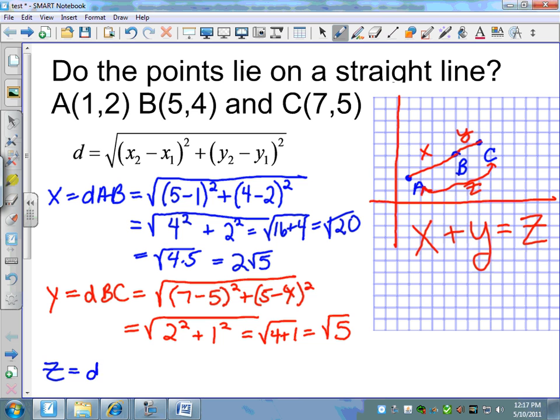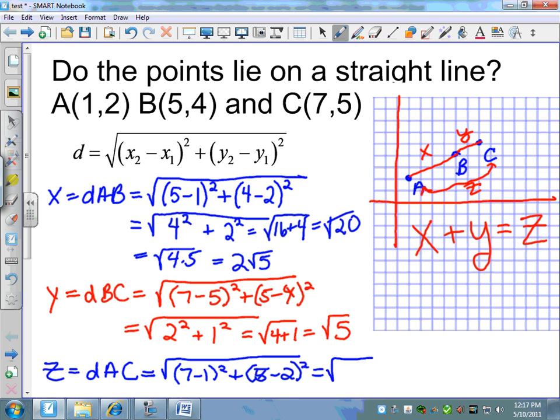So z again is the distance from A all the way to C. That's going to be our longest distance. Applying the distance formula, plugging in first the x values, and then the y values. And that should be a 5 there.